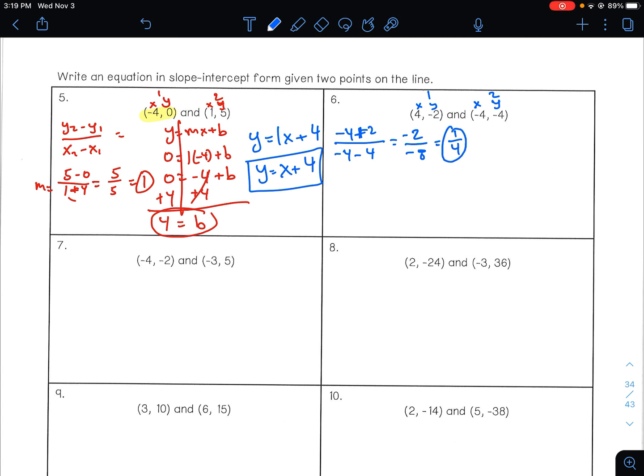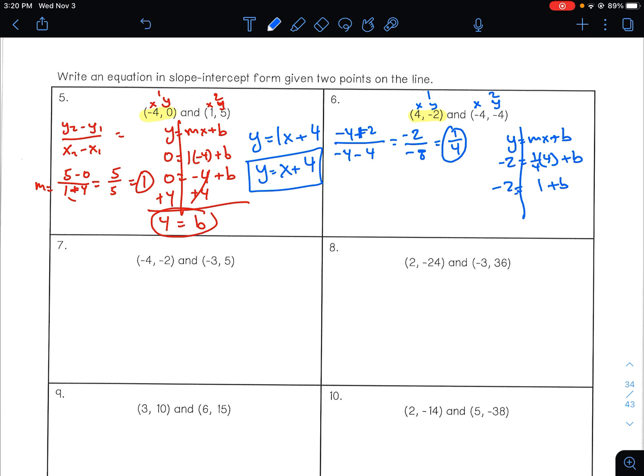Let's find our y-intercept. Remember, let's do y equals mx plus b. Which point do I want to use? I think I'm going to choose this one right here. So y is -2 equals m, which is 1/4, x, which is 4, plus b. 1/4 times 4 is 1 plus b.